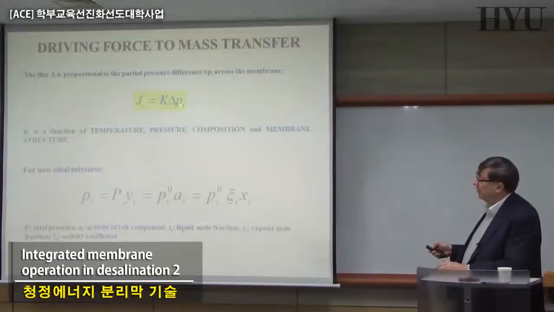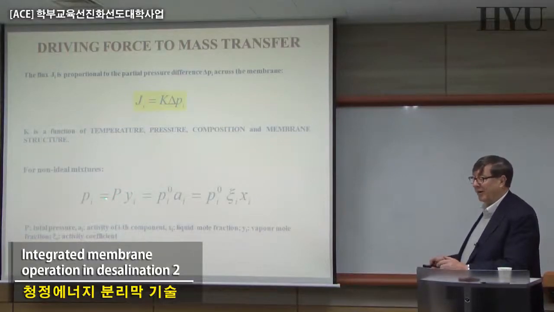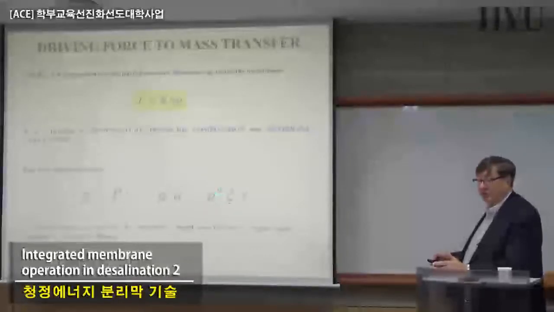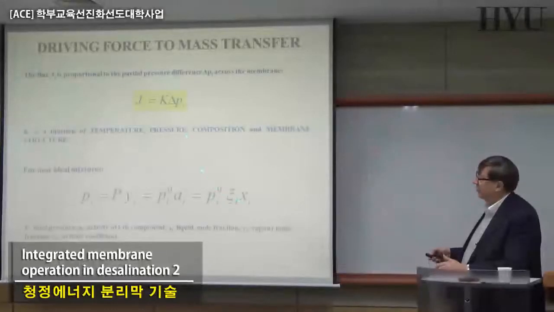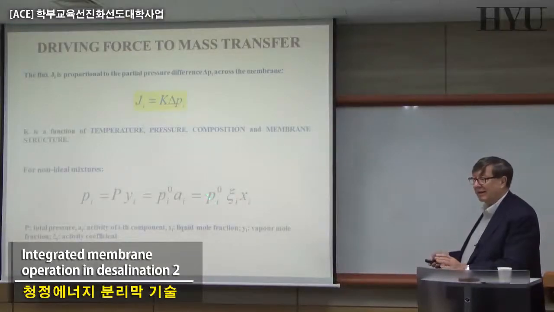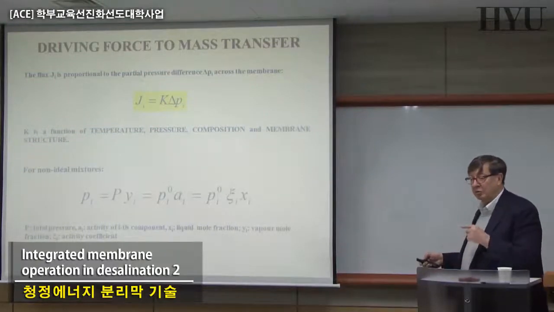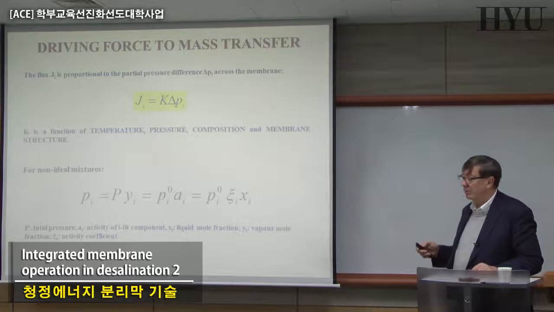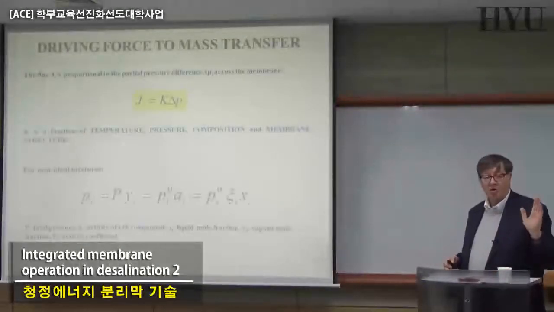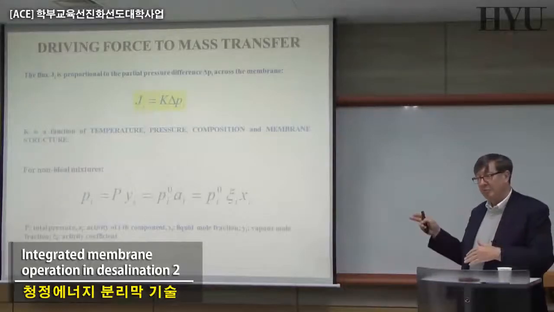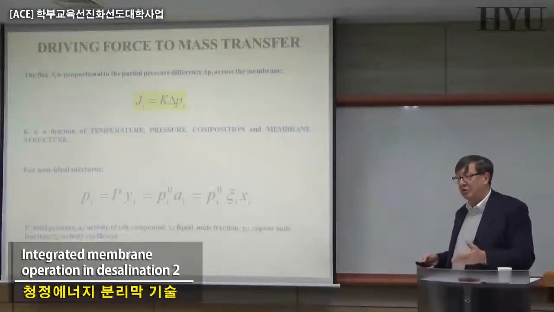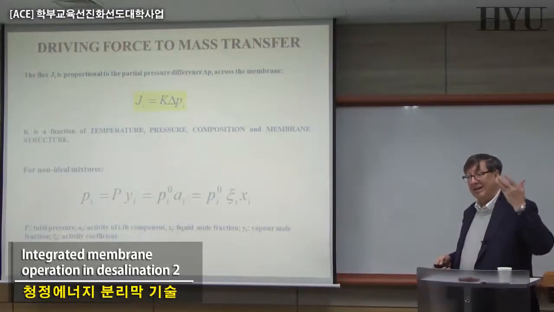In principle, this partial pressure has to be defined using activity coefficients, because not all systems are ideal, and this is something that you don't have to neglect in membrane distillation, because one of the motivations for using the system is that we can overcome osmotic pressure limits, typical of reverse osmosis.